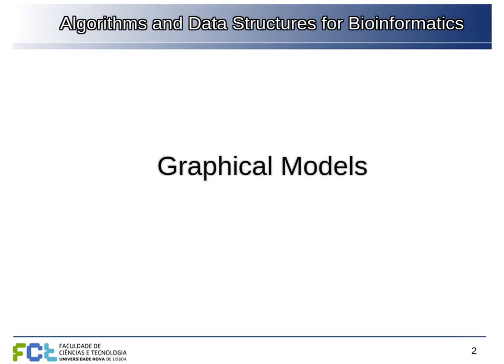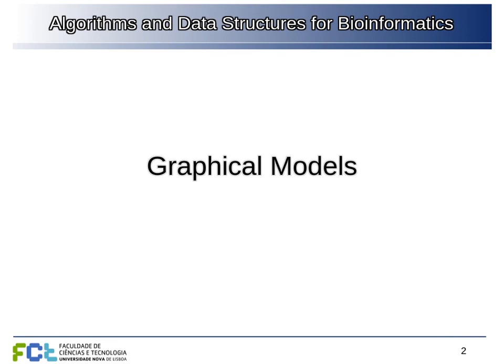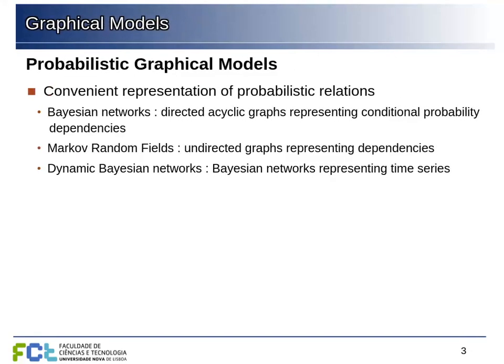So let's start with the idea of representing probability relations between variables with graphical models. This is a very convenient way of representing these relations, dependencies and independencies of different variables. In the case of Bayesian networks, we create directed acyclic graphs.